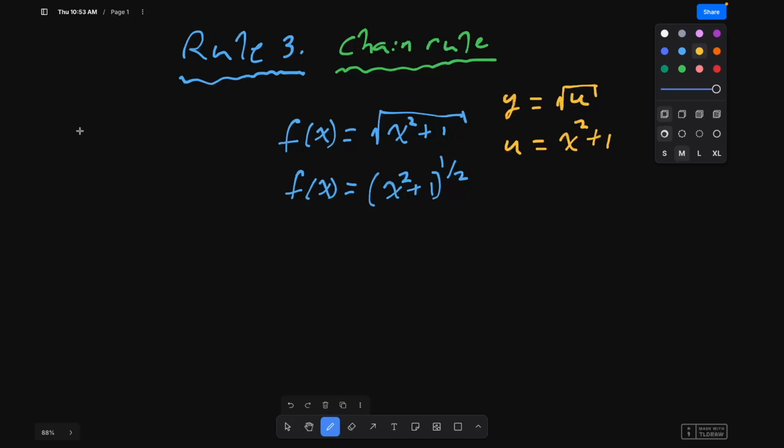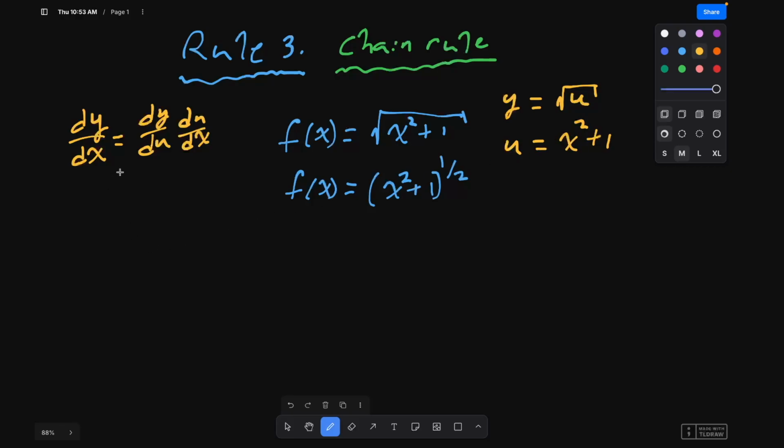So now the chain rule tells us that the derivative of y with respect to x is equal to dy du times du dx. dy du means the derivative of y with respect to u, and du dx means the derivative of u with respect to x.